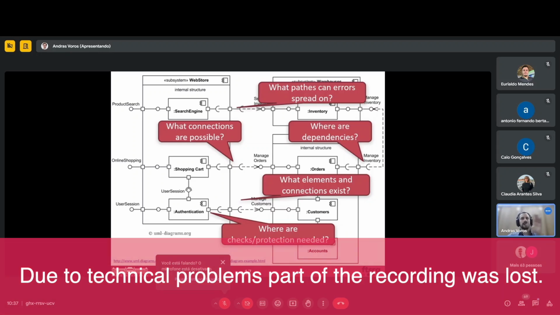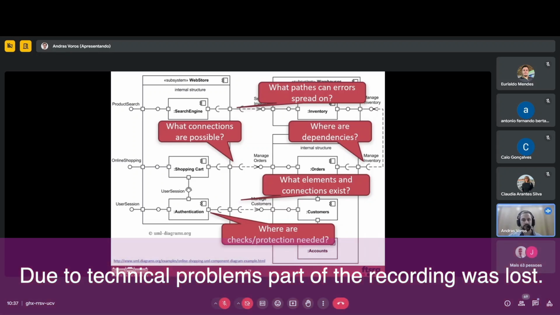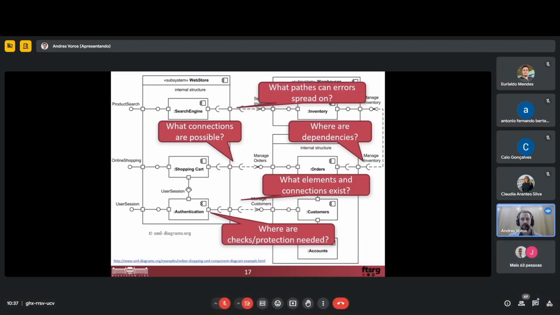Okay, so I hope I could motivate you to use all these models, because they give very, very valuable information when you are developing computer-based systems, either software or hardware or big complex systems of systems.